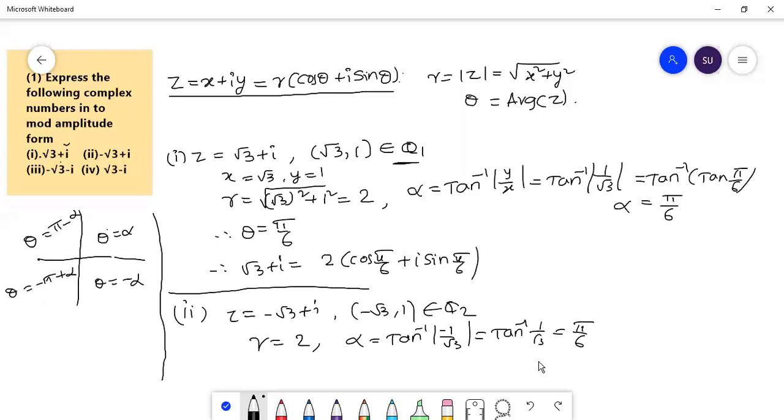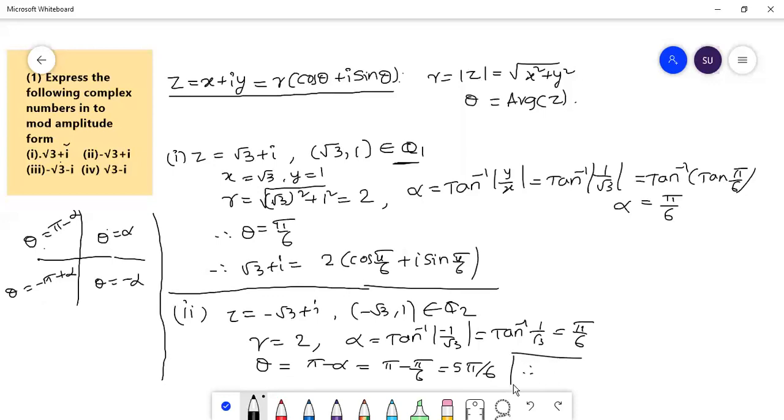Alpha is pi by 6, but the difference is that the point belongs to the second quadrant. When it is in the second quadrant, theta is equal to pi minus alpha, that is pi minus pi by 6, which is equal to 5 pi by 6.